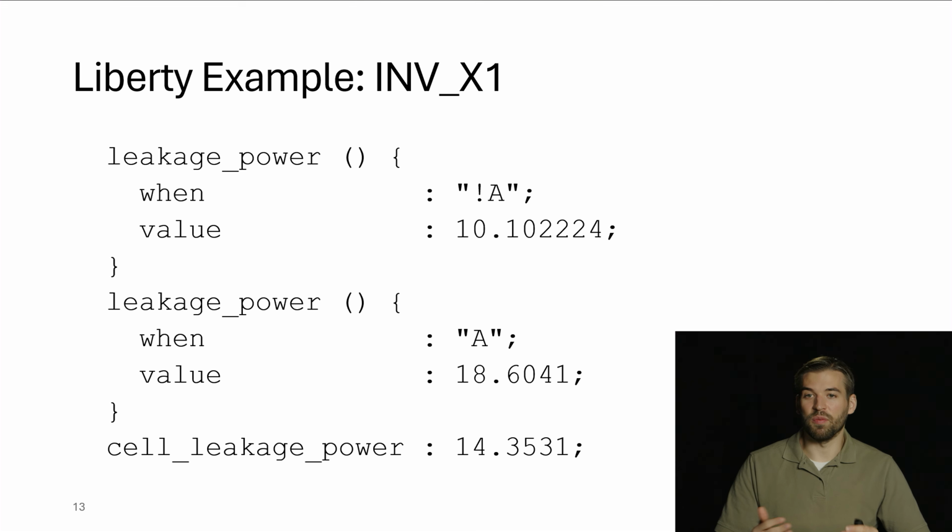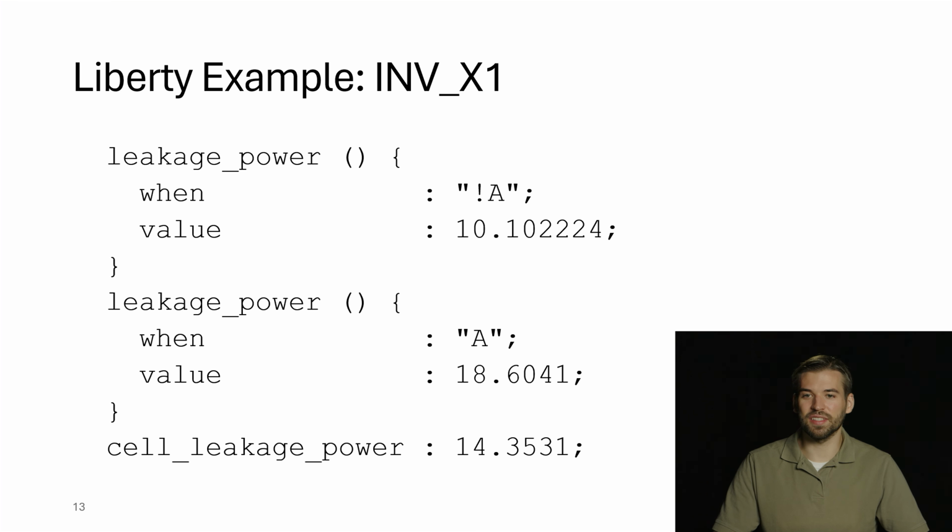And remember that we also defined the leakage power unit, and that was going to be in nanowatts. So for the value of the leakage power when not A is true, meaning that when the output is 0, it's going to be leaking 10 nanowatts of power. And when A is true, when the output is high, it's actually going to be leaking 18.6 nanowatts of power.